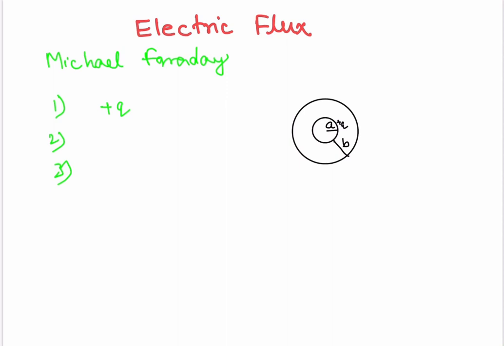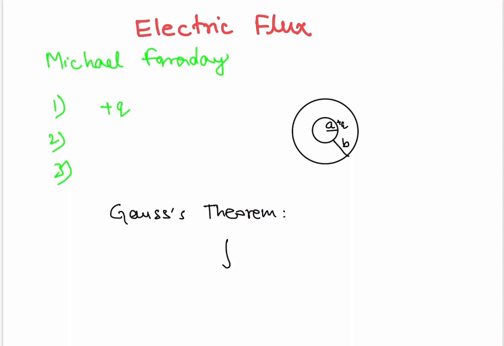Further, Gauss, by his mathematical derivation, gave his famous Gauss law or Gauss theorem, which states that the surface integral of the normal component of electric field E over any closed surface in an electrostatic field equals 1 by epsilon naught times the total or net charge contained in the volume enclosed by the surface.